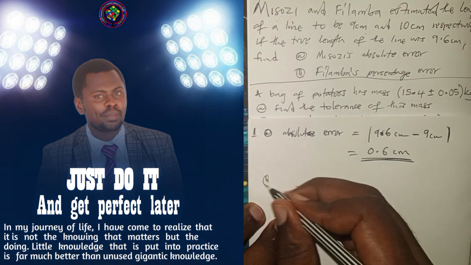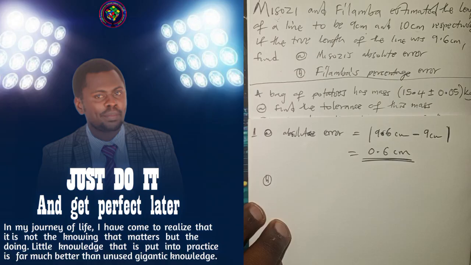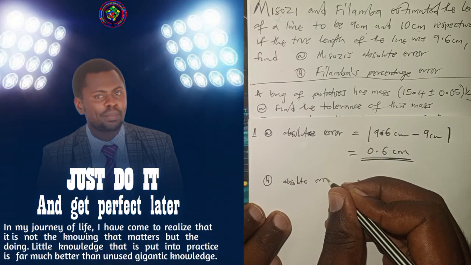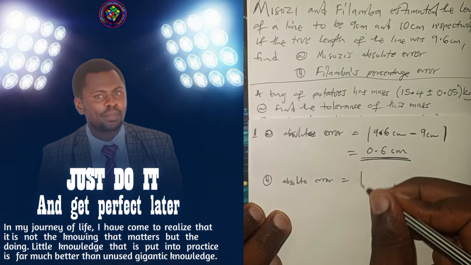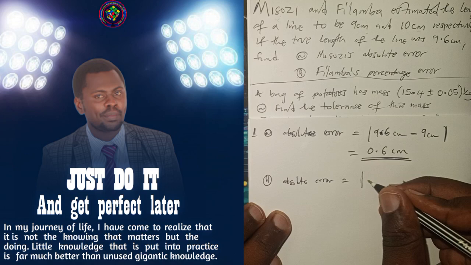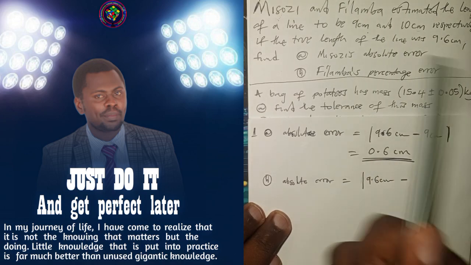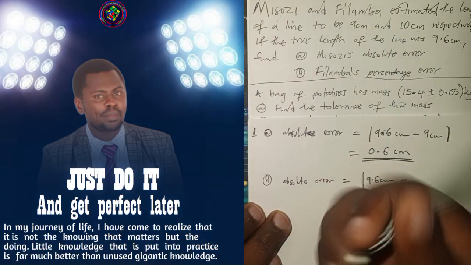B, Filamba's percentage error. Again here, you cannot just go straight to percentage error without calculating absolute error. So first, we need to know the absolute error for Filamba. Absolute error is equal to the true value, 9.6 centimeters, minus the estimated value, 10 centimeters.